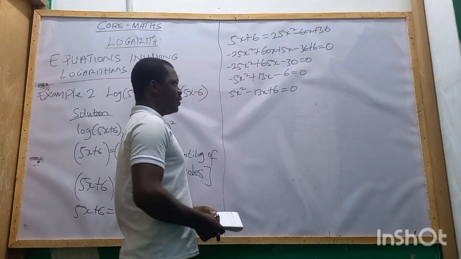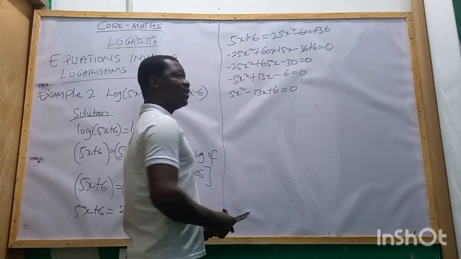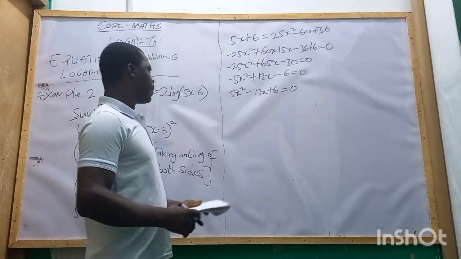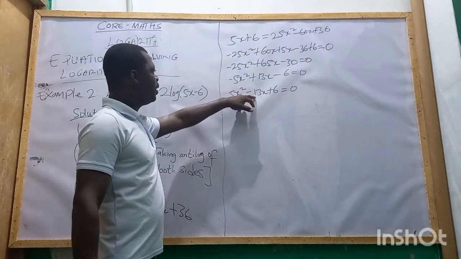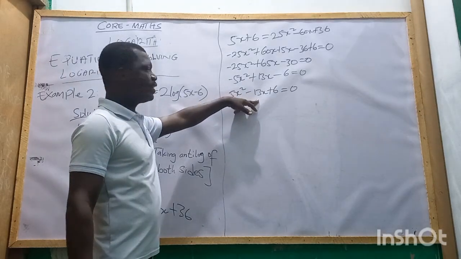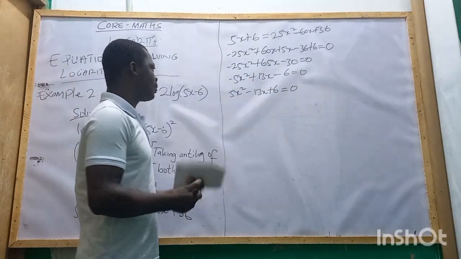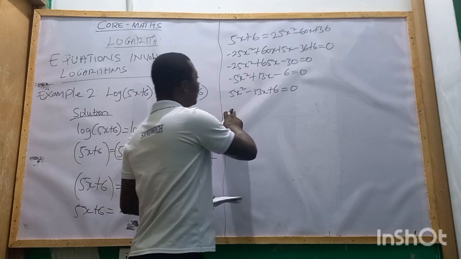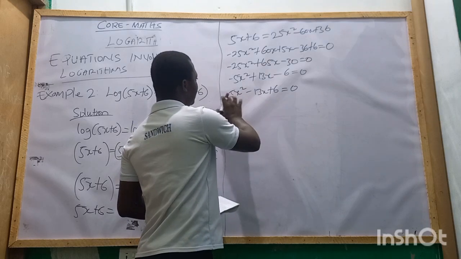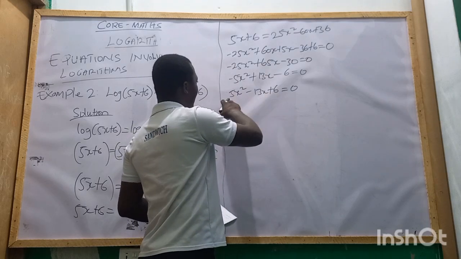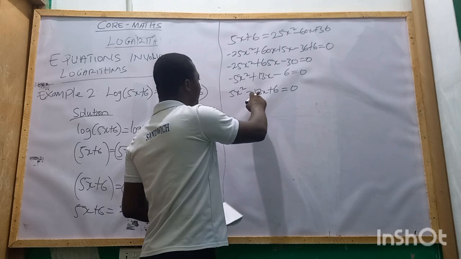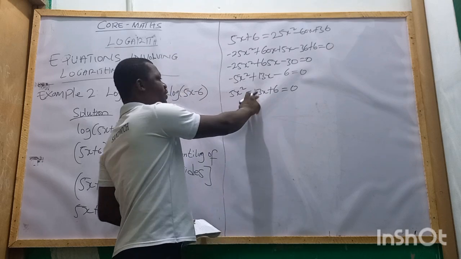So my factors will be negative 10, negative 3. So wherever I see this 13, I'll write negative 10, negative 3, because if I multiply negative 10 by negative 3, I'll get positive 30. If I add negative 10 and negative 3, I'll get negative 13.